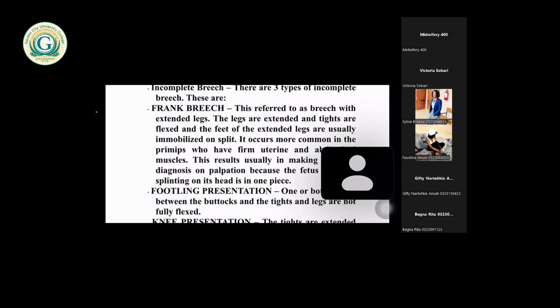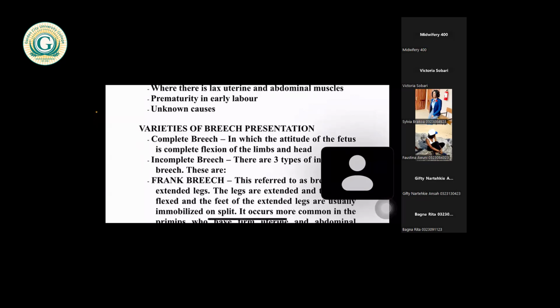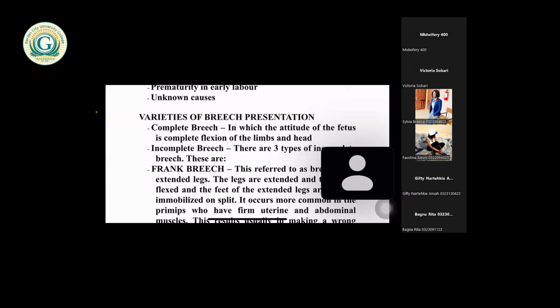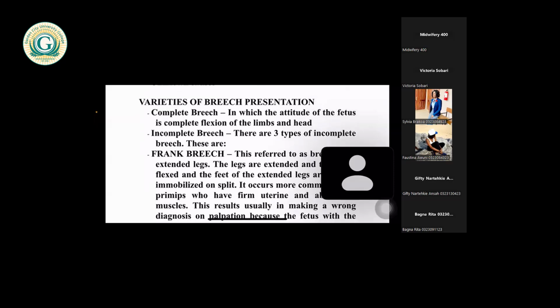This is common in multiparous women due to the roomy uterine cavity. So this complete breech mostly occurs in multiparous women.